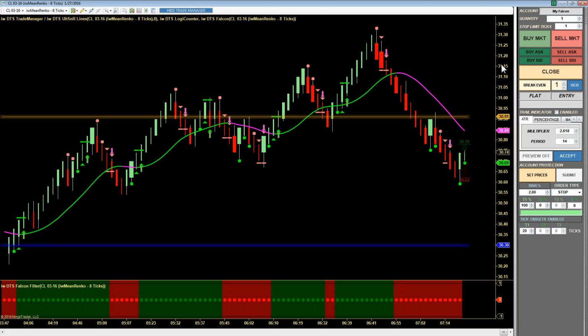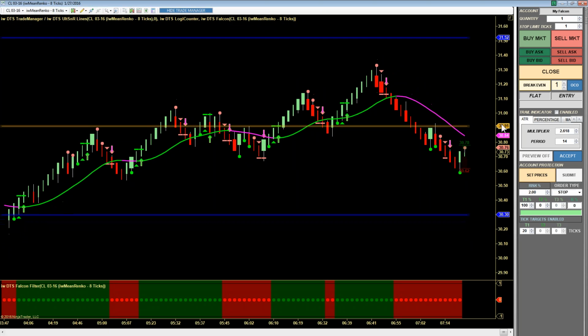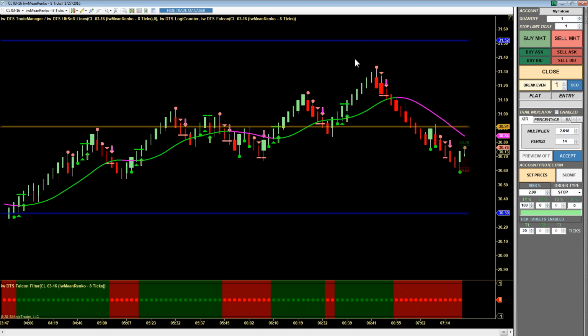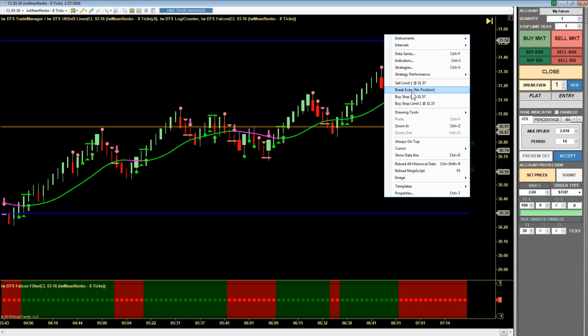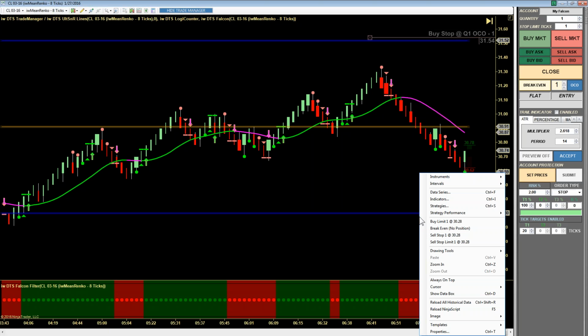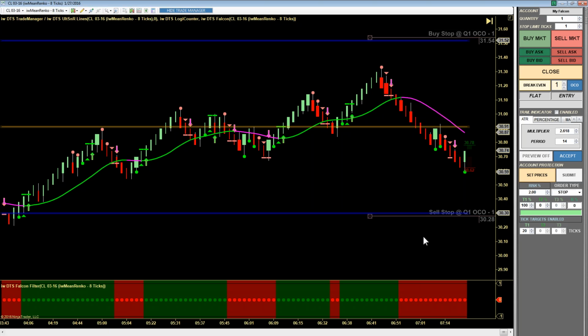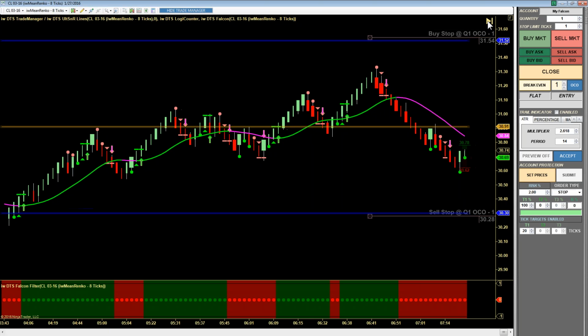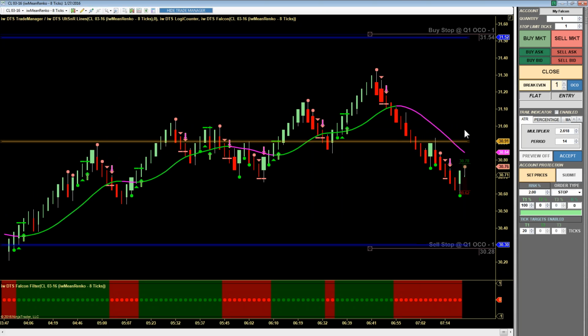Now, when you use the OCO function, these orders are live the moment you put them on your chart. So what I'm going to do in the meantime is bracket above the primary resistance and below the primary support. It's not a very inviting trade, but we'll hold it at that for now.